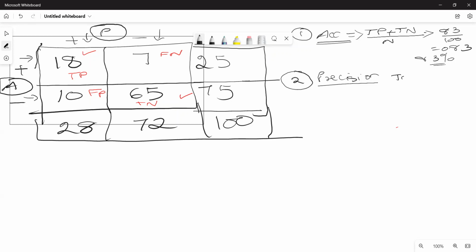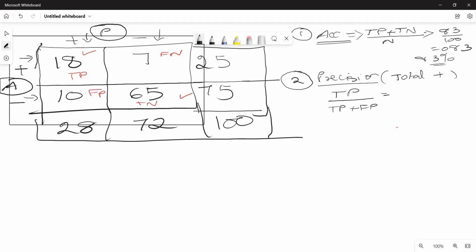So that is going to be given as true positives divided by true positives plus false positives.